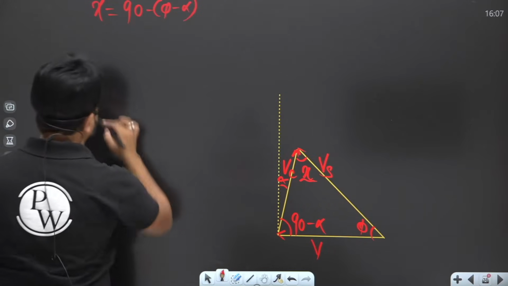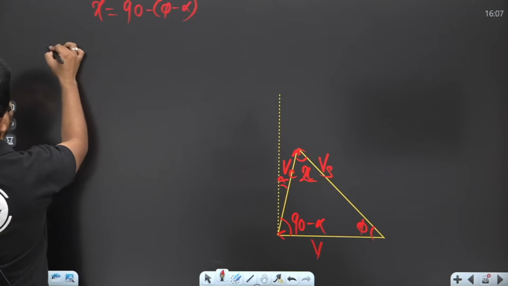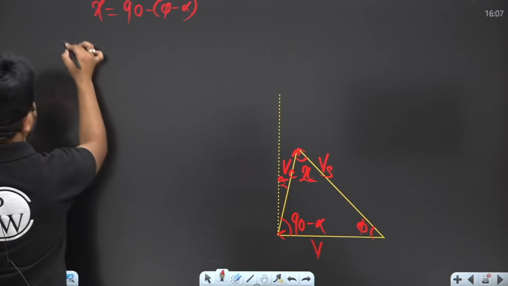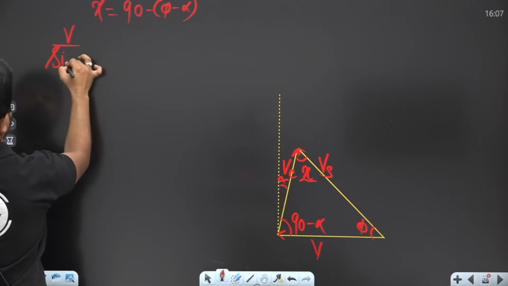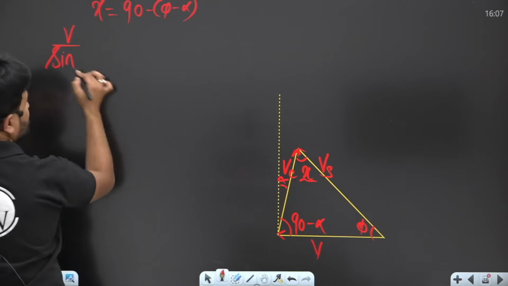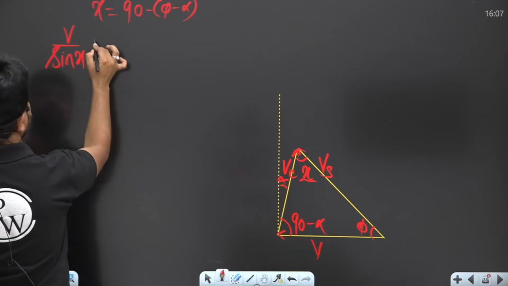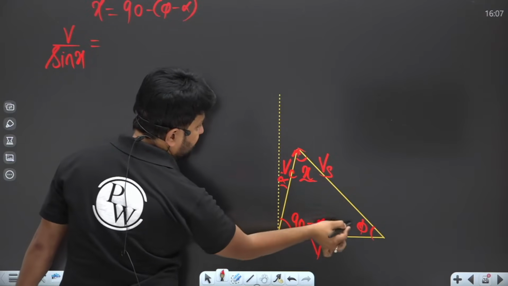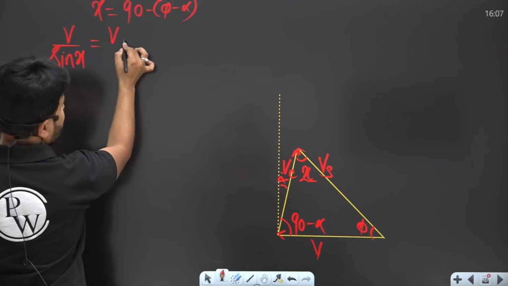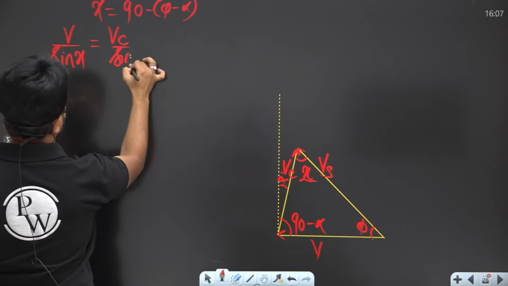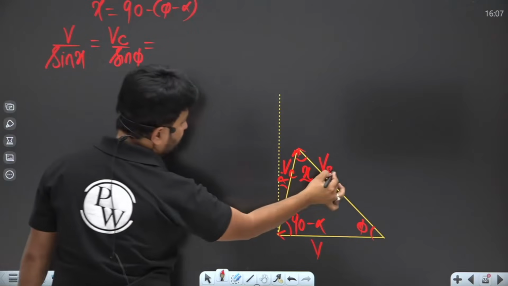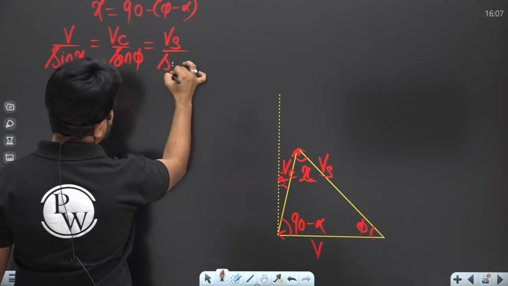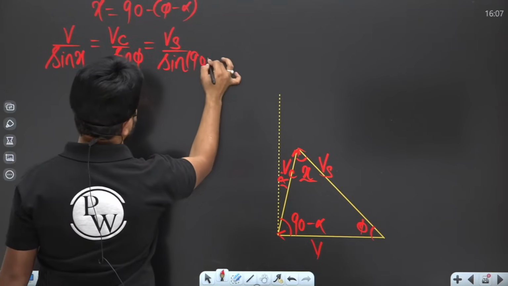Write down Lami's theorem. What does it say? Each side divided by the sine of its opposite angle: V divided by sine of x, equal to VC divided by sine of phi, equal to VS divided by sine of 90 minus alpha.